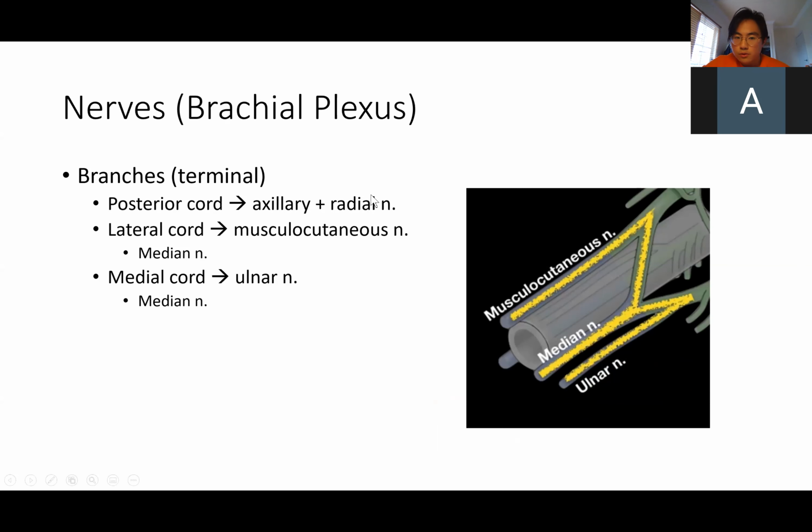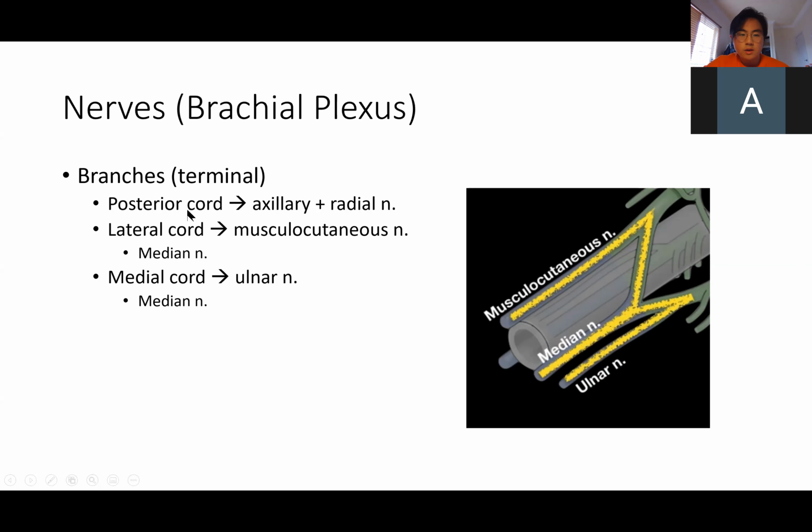So the radial nerve, right? So the posterior cord gives rise to the radial nerve. And it makes sense because the radial nerve travels posteriorly down your arm to innervate everything in the posterior compartment of your arm. And the axillary nerve comes off because it needs to go to the back through the quadrangular space and loop around to innervate your shoulder muscles.